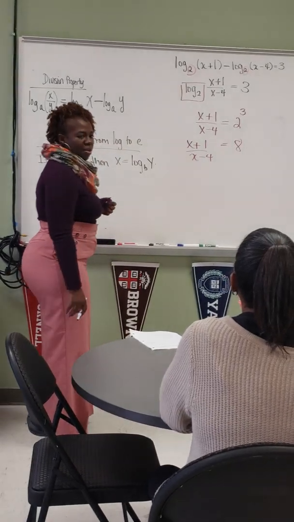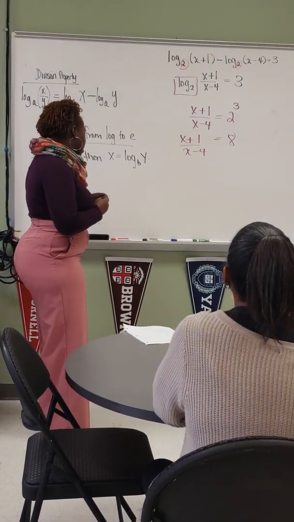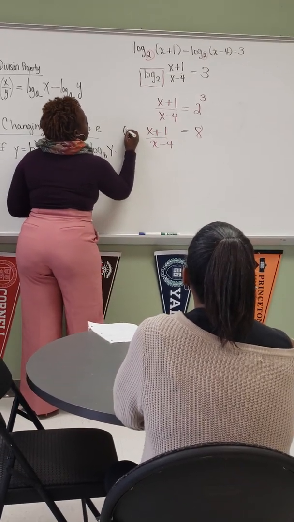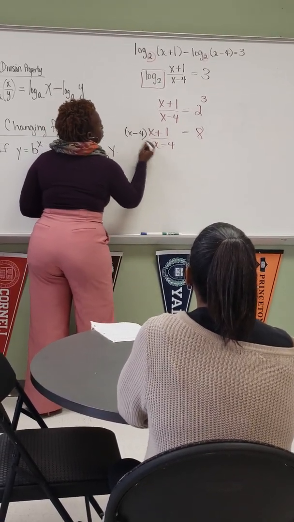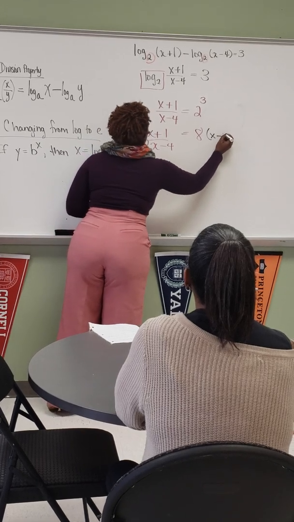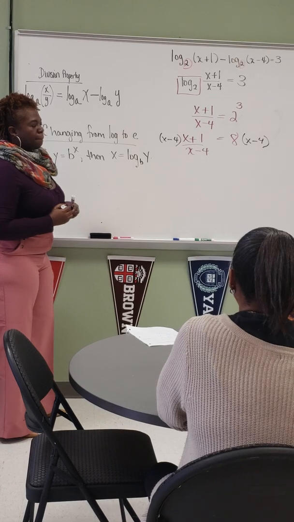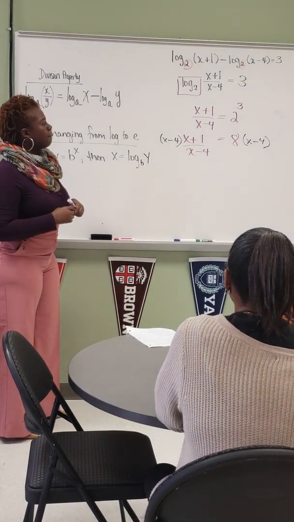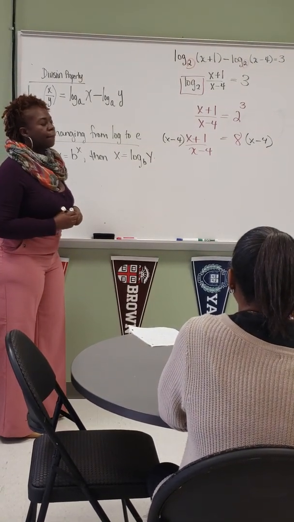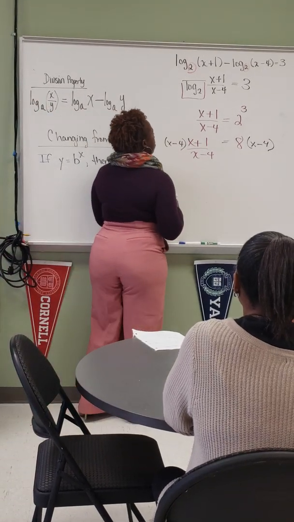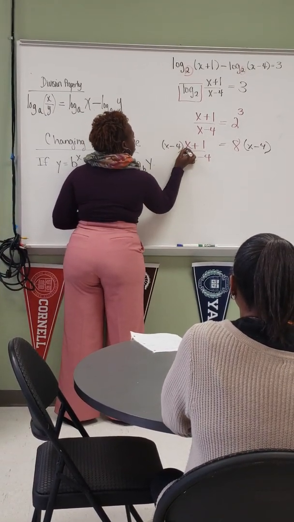Now here's the boring part. We're going to multiply both sides. So the kid's going to wonder why you're taking the x minus 4 out of the denominator and pulling it up with the numerator. We are multiplying by the reciprocal.